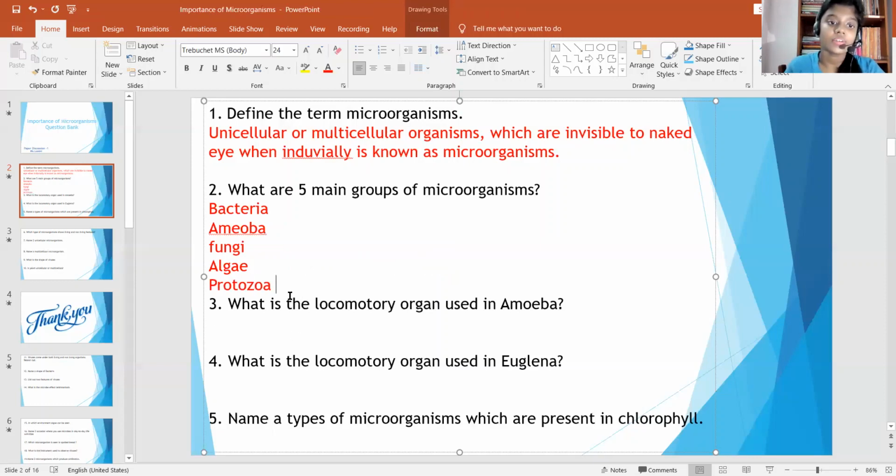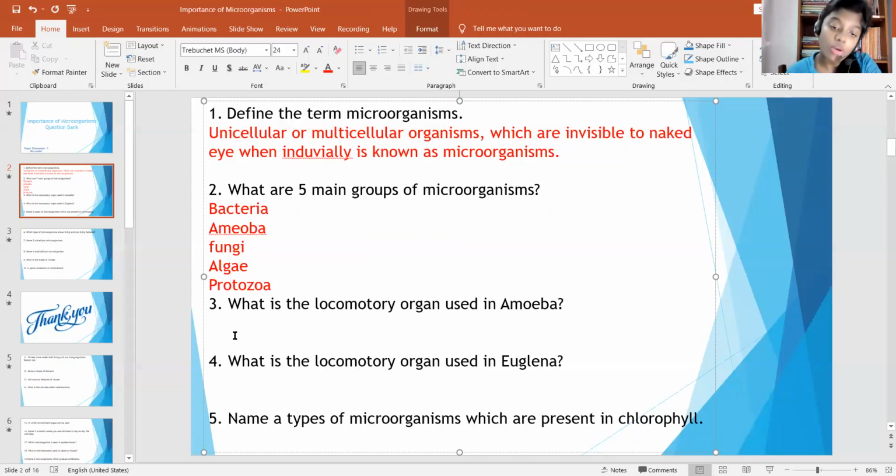These are the 5 main groups of microorganisms. Now let's see the third question.